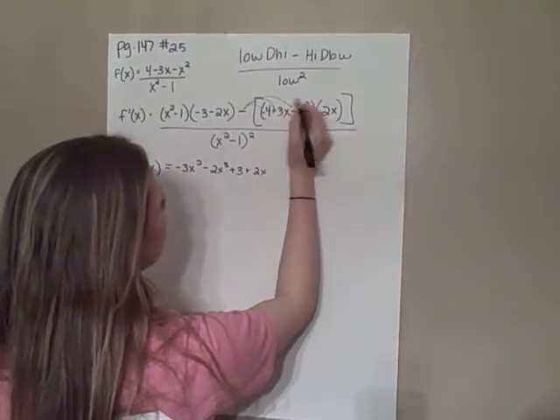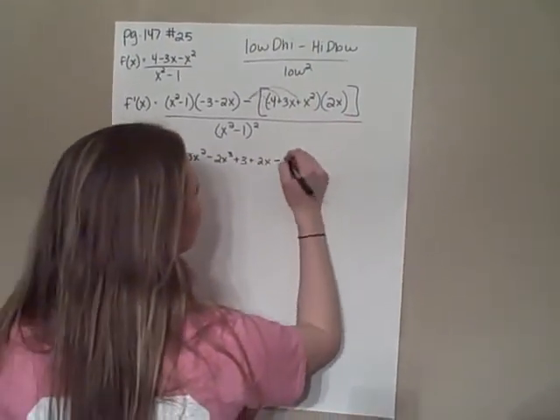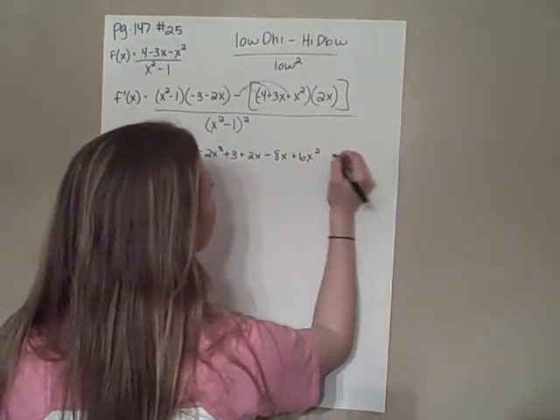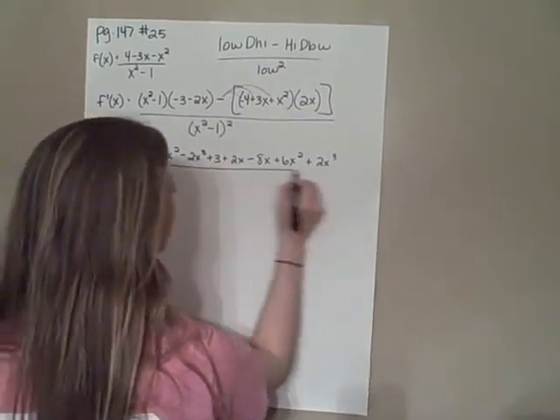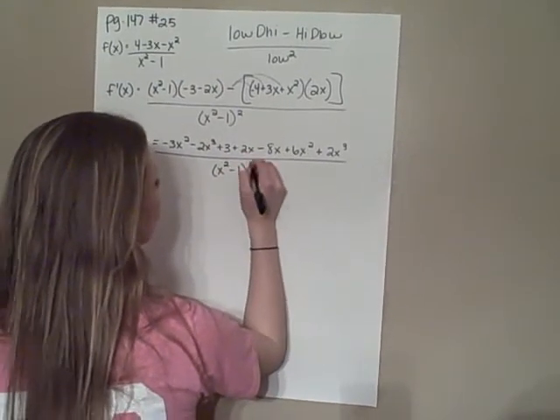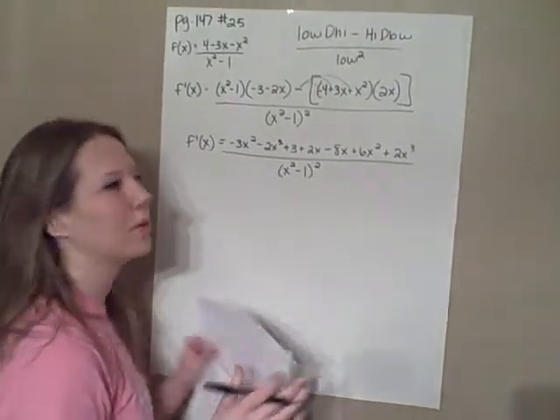It becomes a negative, a positive, and a positive. We're going to multiply all these terms by 2x, so we get negative 8x plus 6x squared plus 2x to the third all over low. You can't forget low. And we're not going to distribute low because it's better to keep her small.